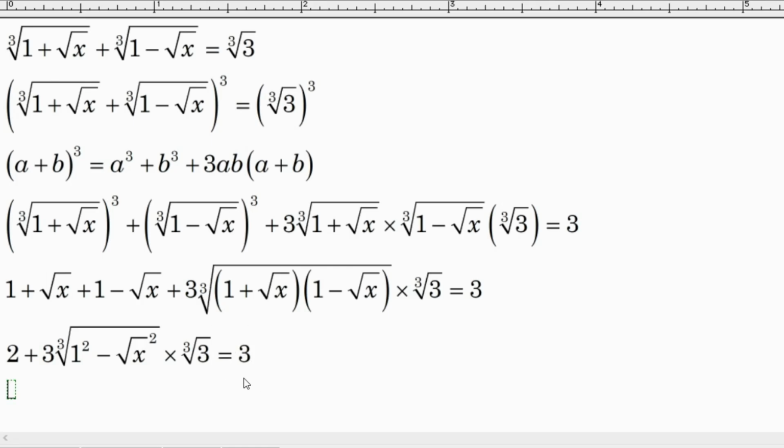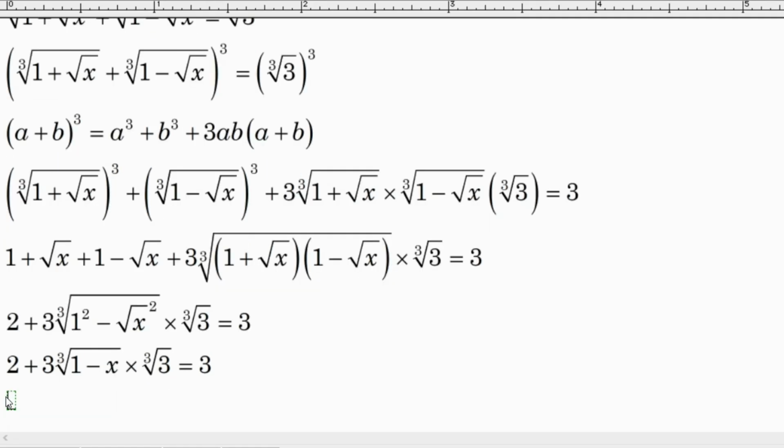Alright, so let's move on. Plus 3, and as we can see, we got cube root of 1 squared, which is equal to 1, and then minus square root of x raised to square, which is equal to x. Okay, and then multiply with cube root of 3 equal to 3.